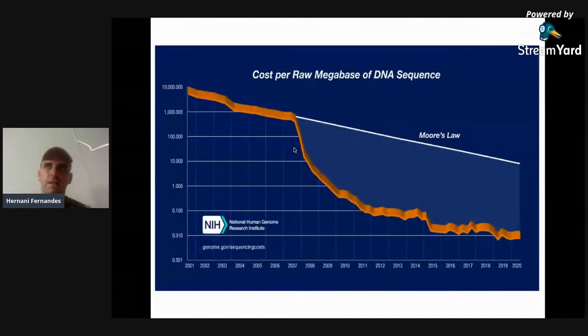But today the price has decreased so much that we can apply sequencing techniques, as Fabricius also does in his research, but also other people do in Brazil and other places, to use DNA and molecular methods to answer their own ecological questions.